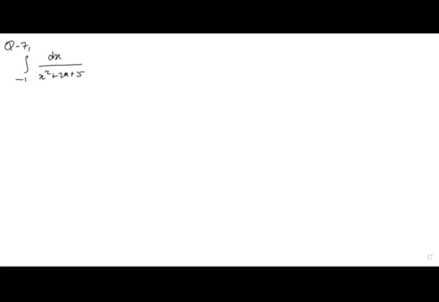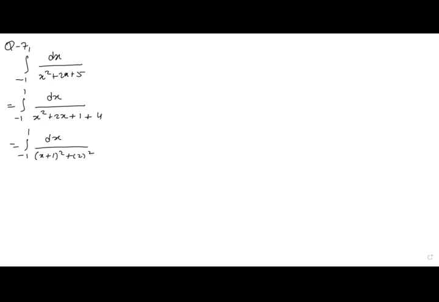If I find the last term using middle term square upon 4 into first term, my middle term is 2x. So 2x whole square will give me 4x square upon 4x square, I will get last term as 1. So I will split this 5 as 1 plus 4. I can write this as x plus 1 whole square plus 2 whole square.